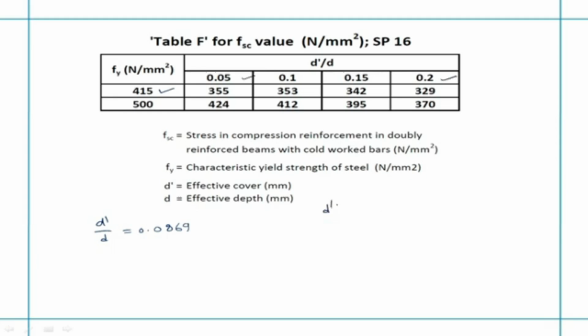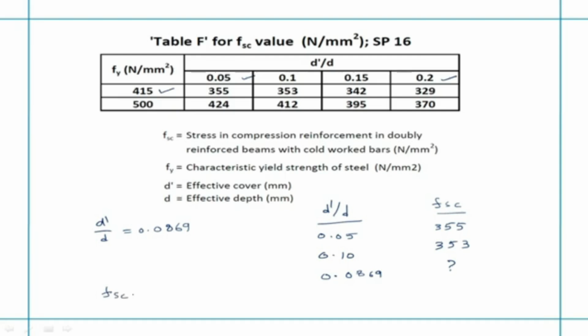Write the d dash by d values for fy 415 Newton per mm square. For 0.05, fsc value is 355 Newton per mm square. For 0.10 it is 353 Newton per mm square. Calculate fsc value for 0.0869.